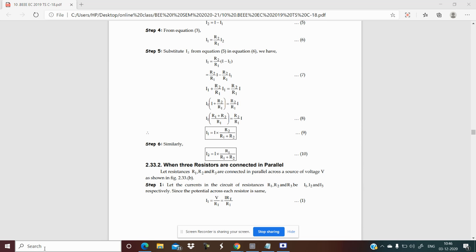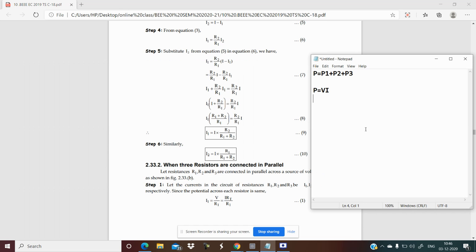This part you have to know. So I1 is equal to R2 by R1 into R1 divided by R1 plus R2.